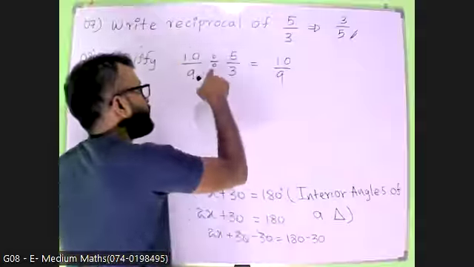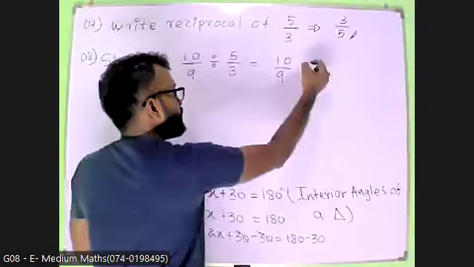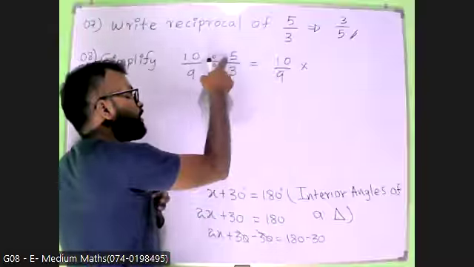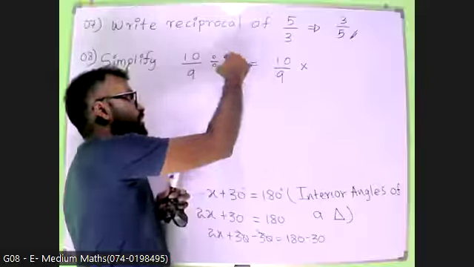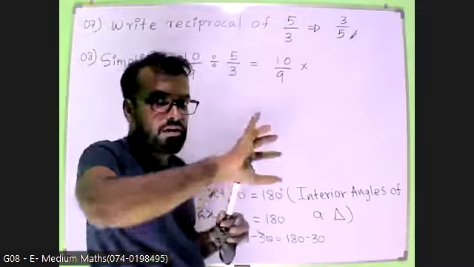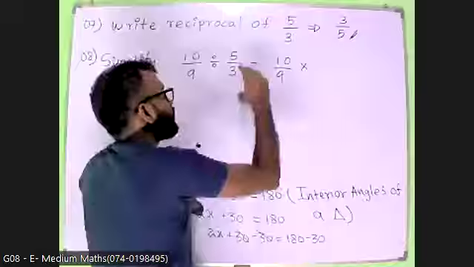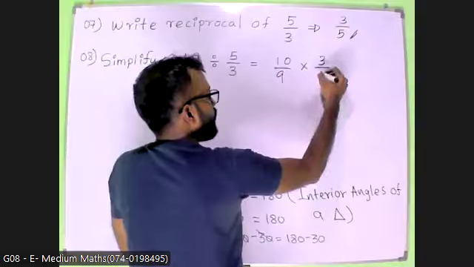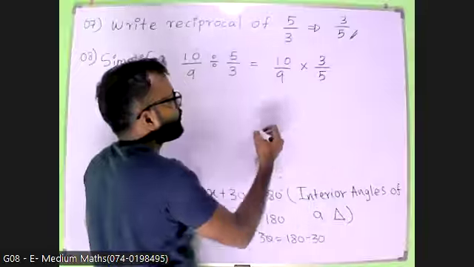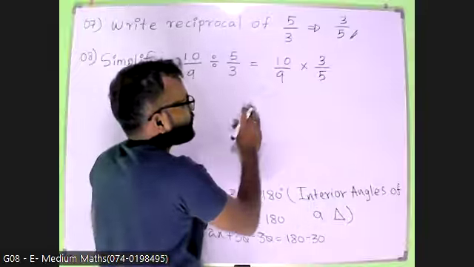When you are taking the multiplication of this division, what happened to the right hand side fraction? Reciprocal. Right. 5/3 becomes 3/5. Equal mark.